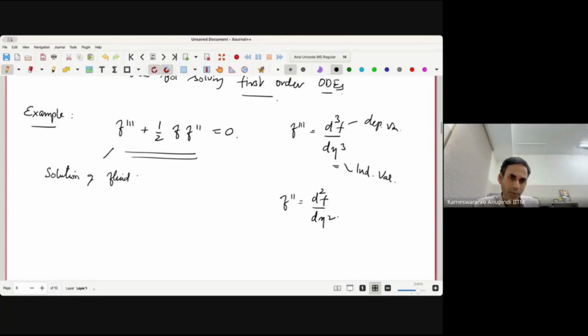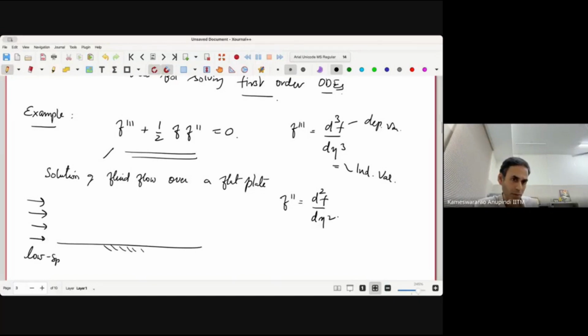Now, this is an ODE that comes in the solution of fluid flow over a flat plate. For example, if you have a plate which is held stationary and there is some incompressible fluid passing over it at some low speed, then the velocity profile that gets generated is because of the boundary layer effect.